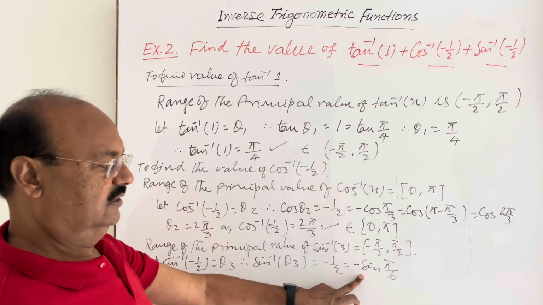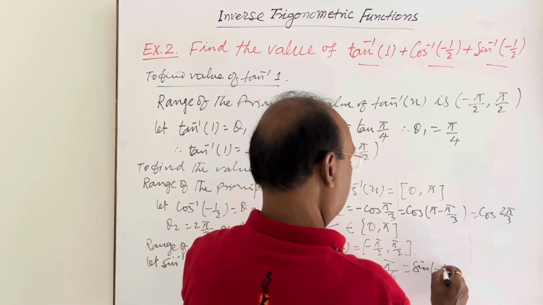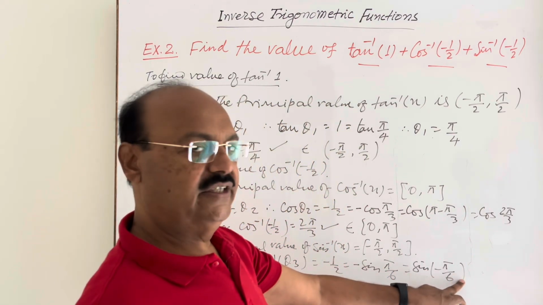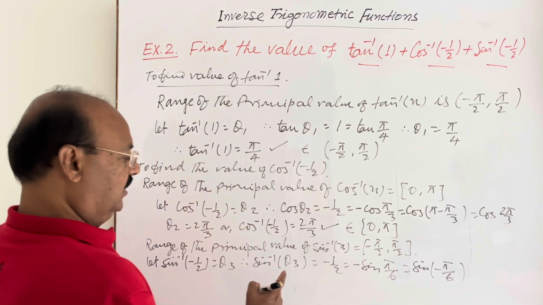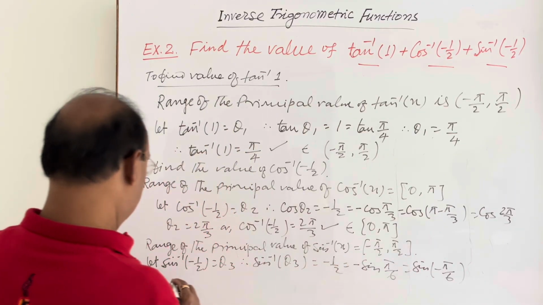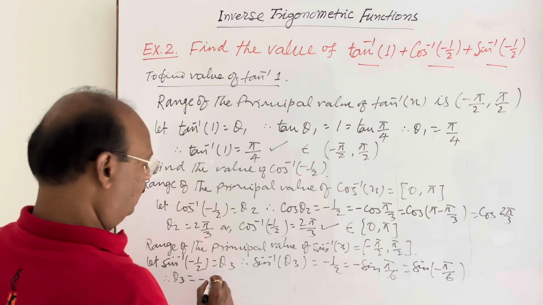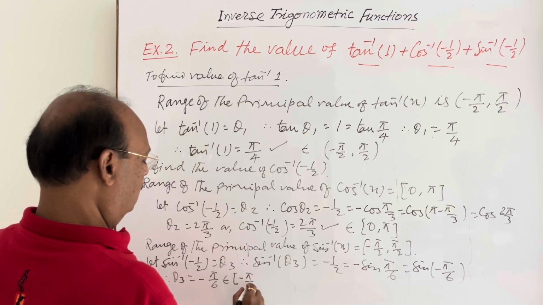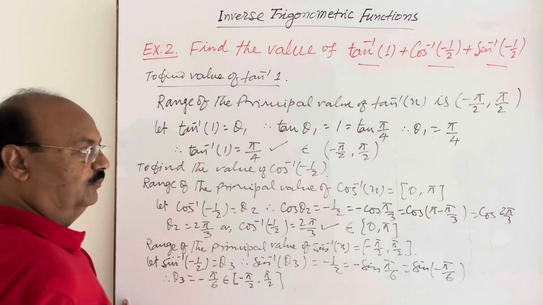The negative sign is here, and this can also be written as sin of minus pi by 6, because sin of minus theta is equal to minus sin theta. Therefore theta 3 is equal to minus pi by 6. You see, this belongs to the principal value interval minus pi by 2 to pi by 2.